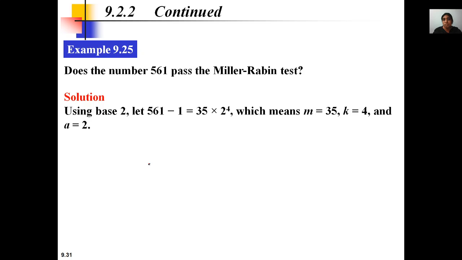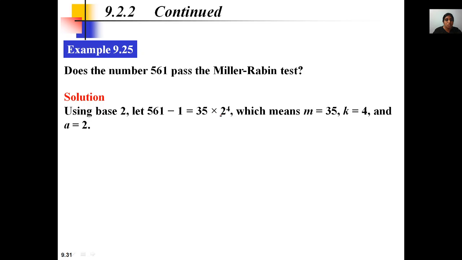According to the theorem, we write n minus 1 as m into 2 power k. So you can write it as 35 into 2 power 4, where k is equal to 4. So the m value is 35 and the k value is 4.